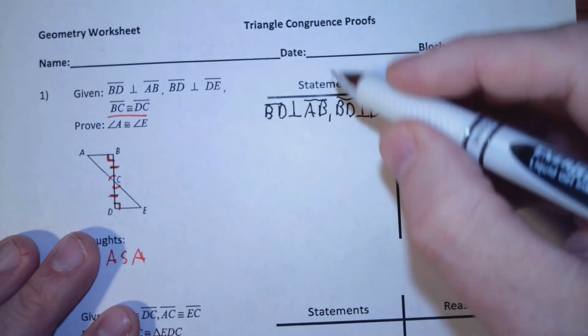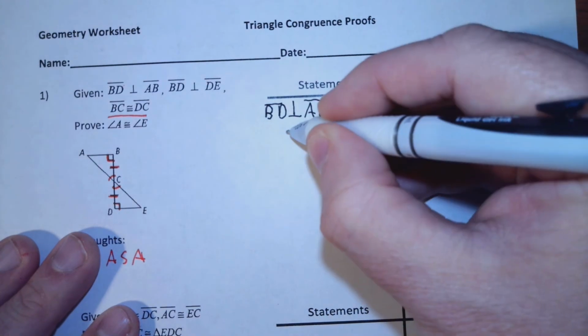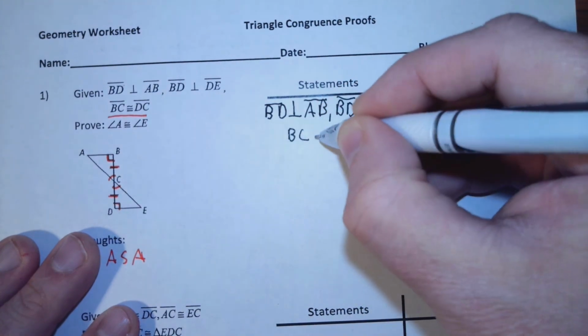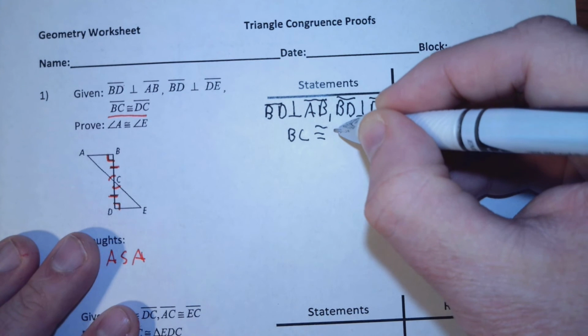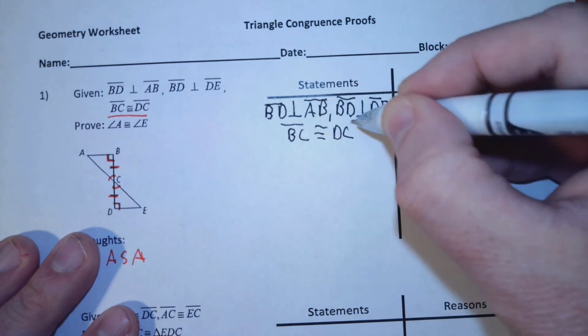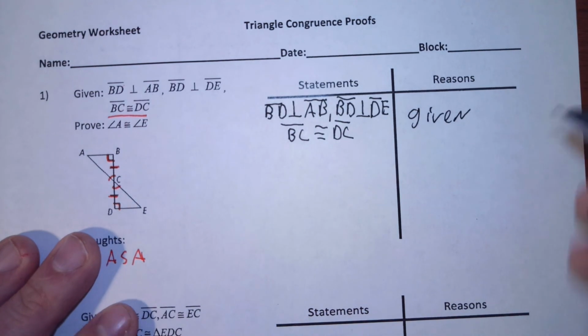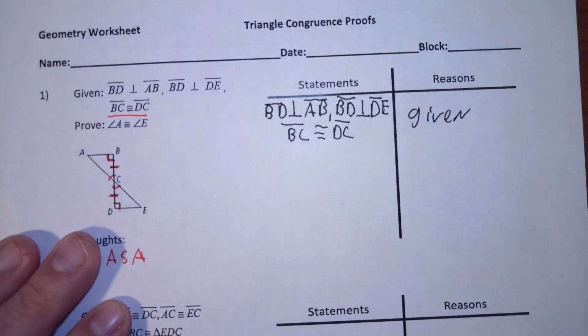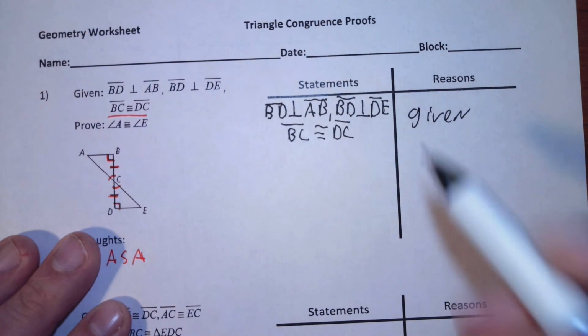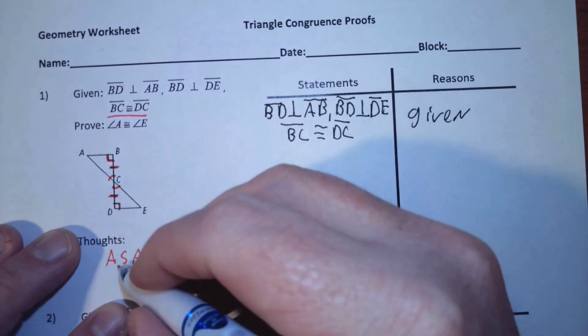Segment BD is perpendicular to AB, and then we're going to have BC is congruent to DC. Make sure they're segments. Okay, and this is going to be given. That's easy. And I'm going to switch colors so we can kind of see my thing. So already in my given, I got a side.